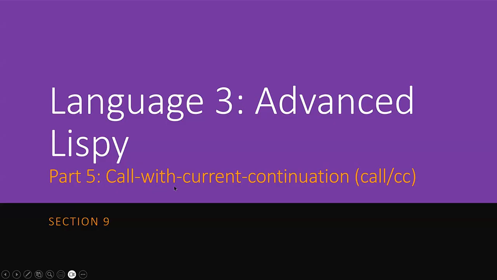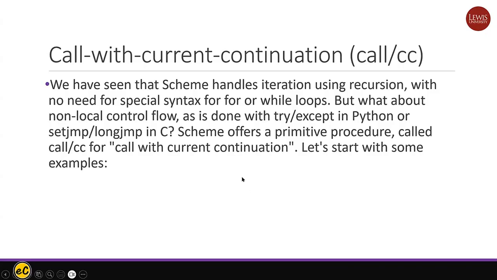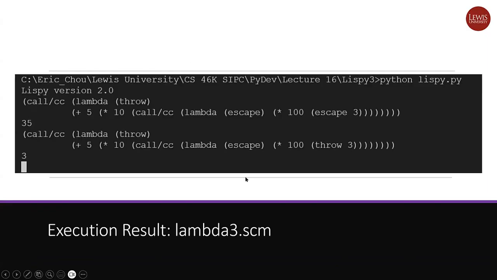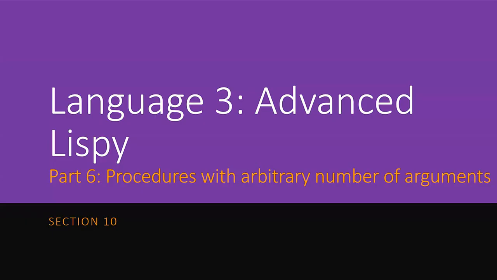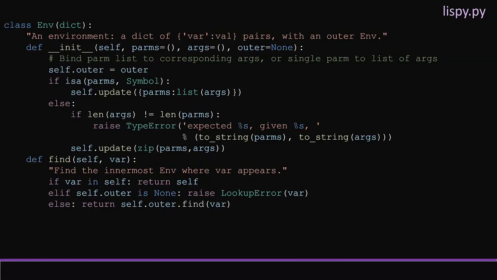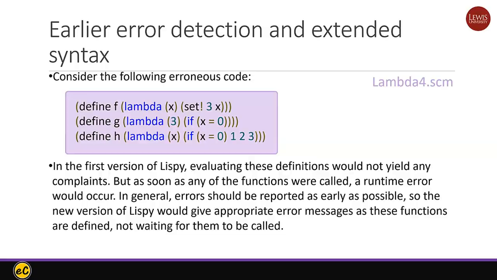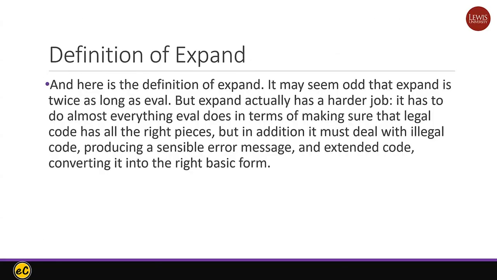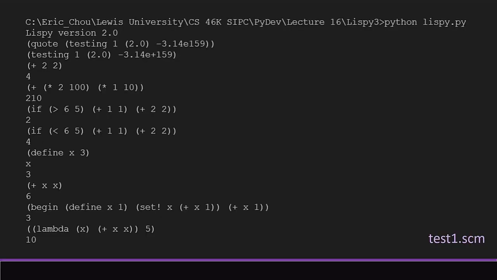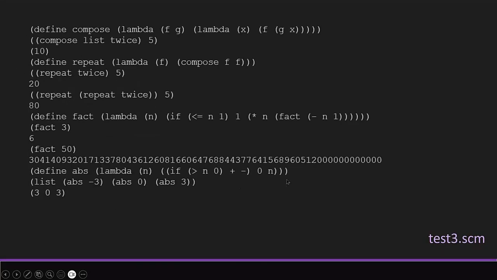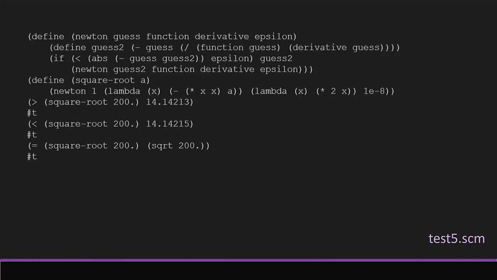And then we add the code with call/cc, call with current continuation, and then improve the Lisp interpreter. And then testing the program, testing every single statement to make sure that Lisp will work. Many testing parts.